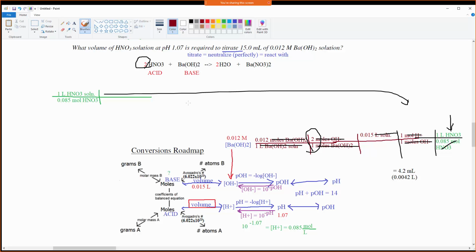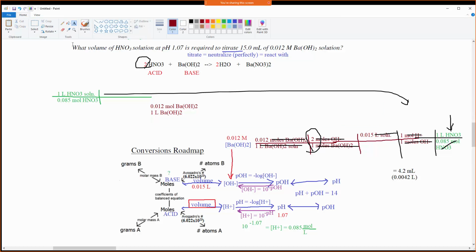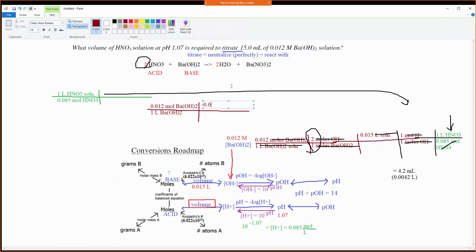I could say, look, I've got, and we'll do it here, 0.012 moles Ba(OH)2 in every 1 liter barium hydroxide solution. And then I could say, look, I've got, I'm going to skip this step, 0.015 liters of my barium hydroxide solution.